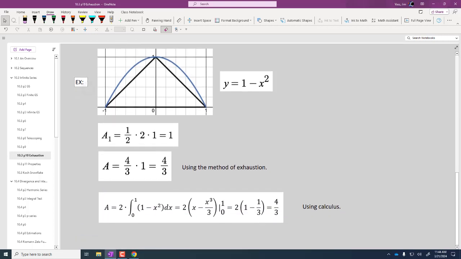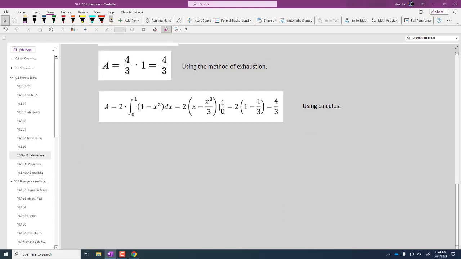So if we look at one example here, we've got this regular parabola open upside down. The area of this original triangle is 1. 4/3 times 1 is 4/3. That's the method of exhaustion. Then we go do the standard calculus method, we integrate it, and we get 4/3.